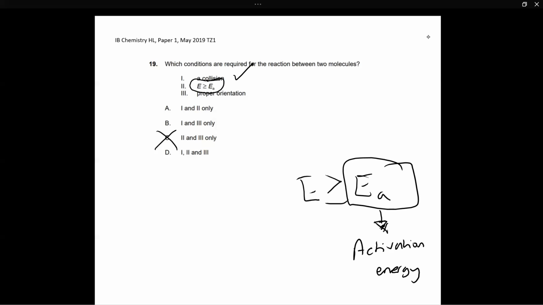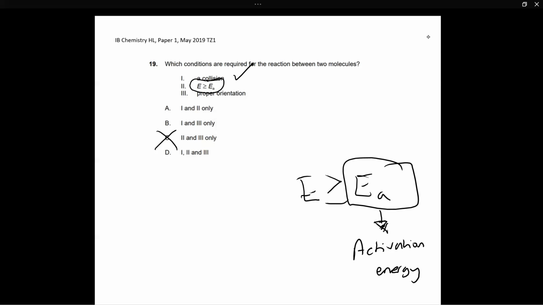By successful collision, I mean that when these two substances collide, in order for them to undergo a reaction, they must have sufficient energy. Not only should they collide, but they should also have sufficient energy to carry out the reaction once they collide. So that is basically activation energy: the minimum amount of energy required for a successful collision to happen.